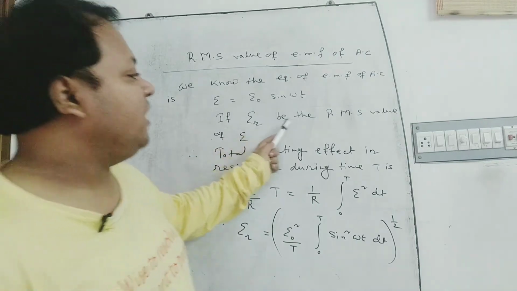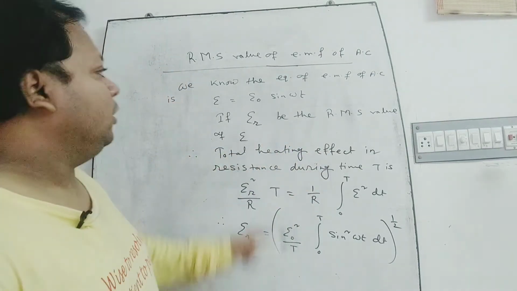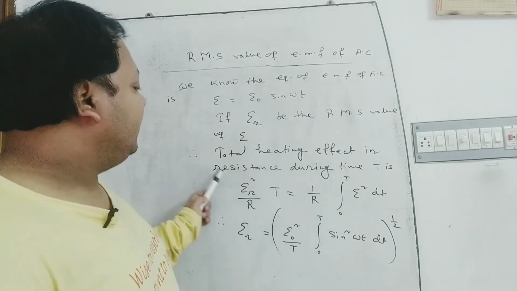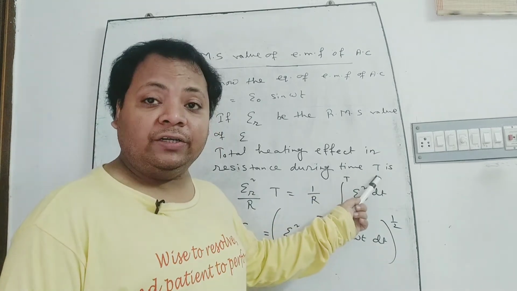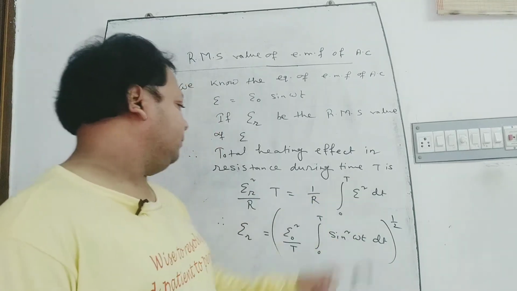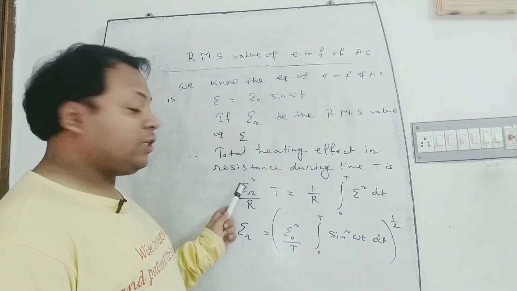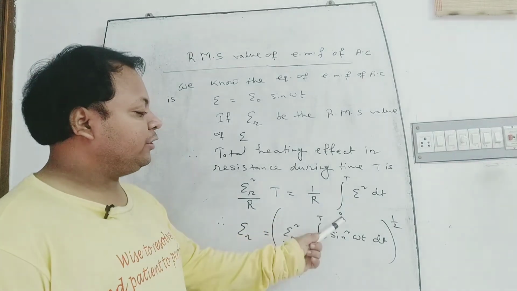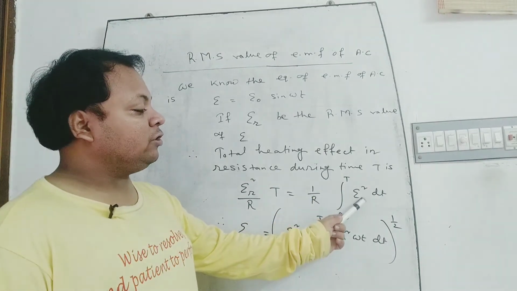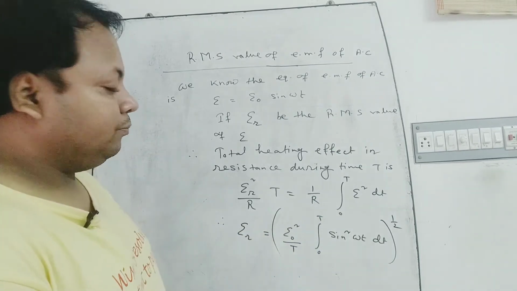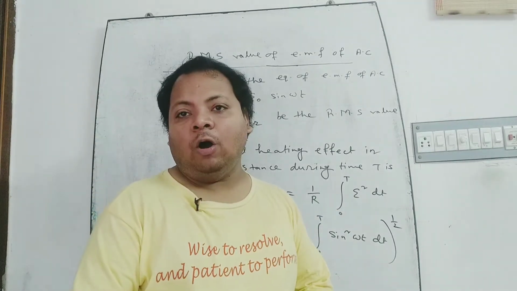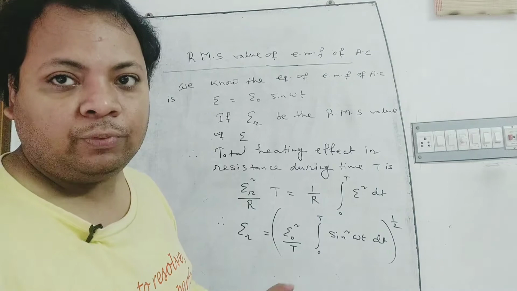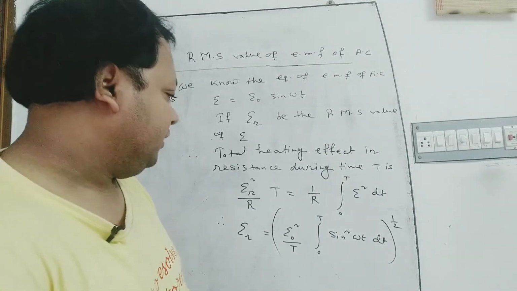If epsilon r is the RMS value of the alternating EMF, then the total heating effect in the resistance during time capital T, that is during one time period, is epsilon r square R T. This is equal to 1 by R integration from 0 to T of epsilon square dt. The RMS value of EMF is the equivalent DC voltage of AC.